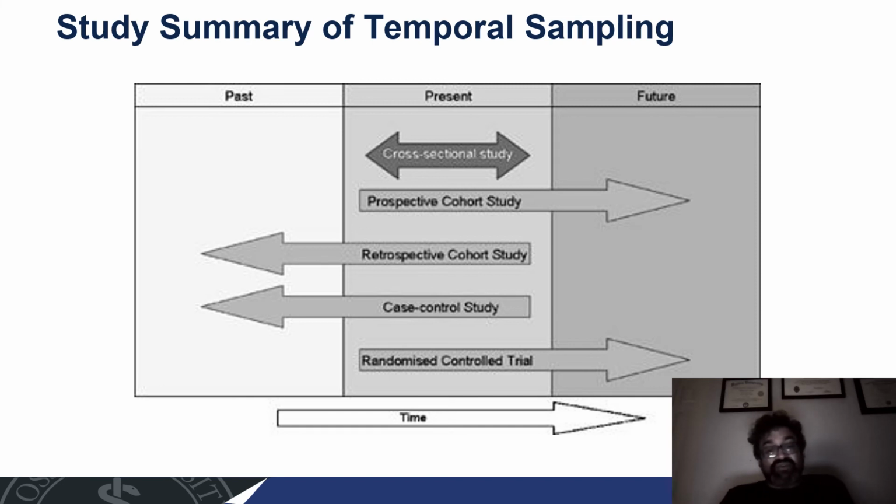A retrospective cohort looks at exposure back here. But in the case control study, you select the cases and controls, and then look back at the risk factors in the past that led to the development of the cases.